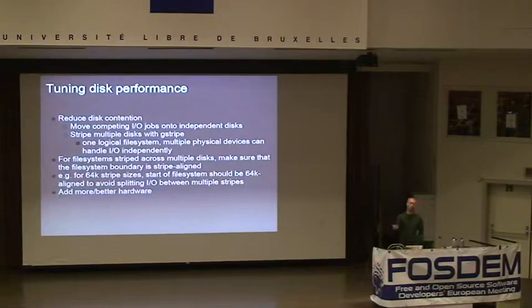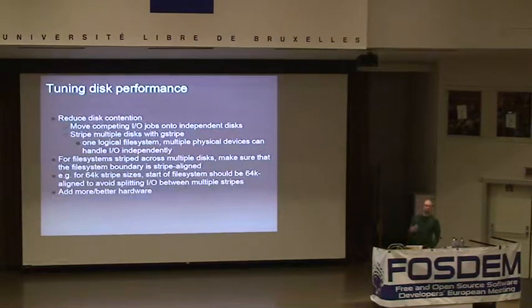Otherwise, I/O that is file system aligned will actually be split over multiple blocks, and so writing a single block to the file system can require writing two blocks to the underlying disk. So this can cause performance problems when you're striping.